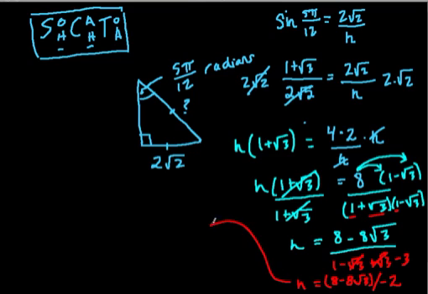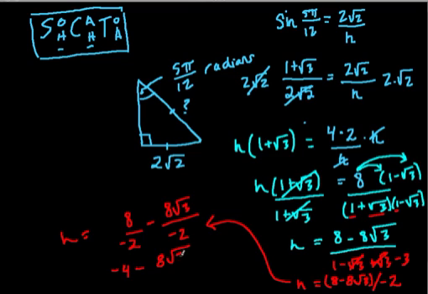So my answer is 8 over negative 2 minus 8 times the square root of 3 over negative 2. Almost done. 8 over negative 2 is negative 4, minus 8 times the square root of 3 over negative 2. So we're adding here.